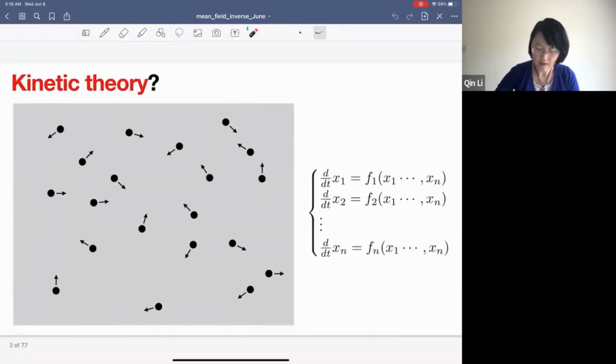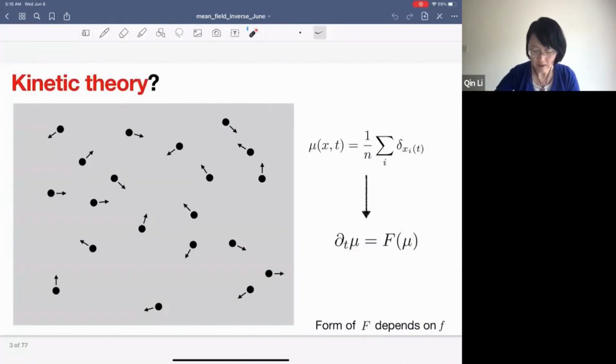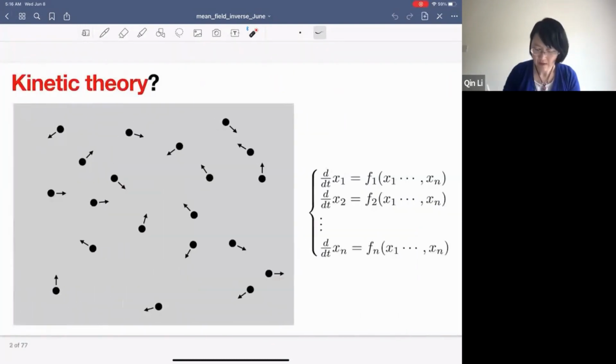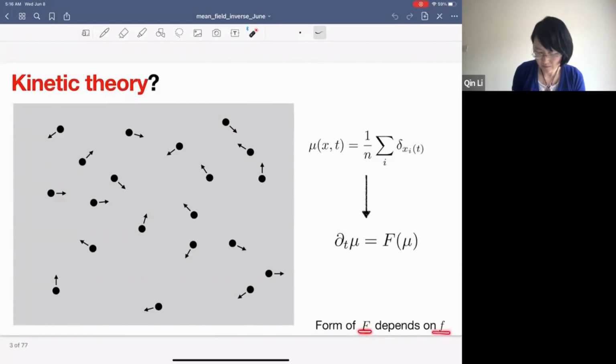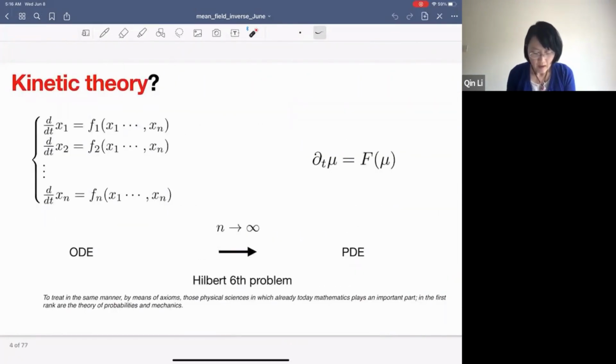You can either write it as an interacting particle system using a list of ordinary differential equations, or you can write it as a distribution and you evolve the distribution. Apparently, the capital F over here is an operator on the distribution, and the little f over here encodes the interaction between particles, they need to interact with each other. So this capital F depends on the little f. Okay, so that's kinetic theory.